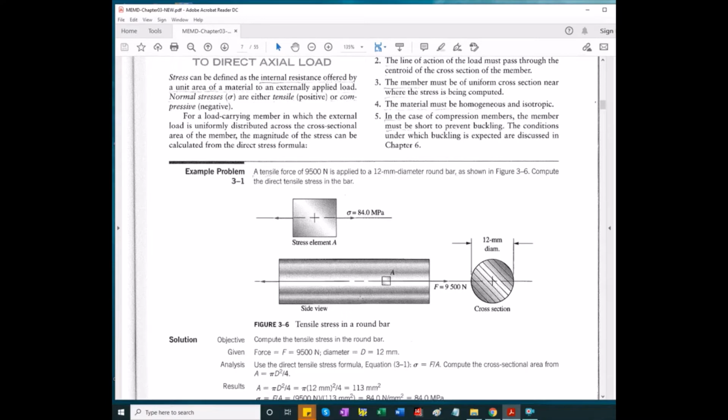This is a specimen in tension. The axial load stress element, for convenience, is aligned with the axis of the part. The stress element at A is aligned with the axis of the part.